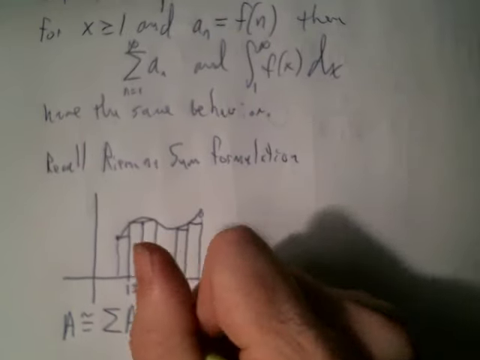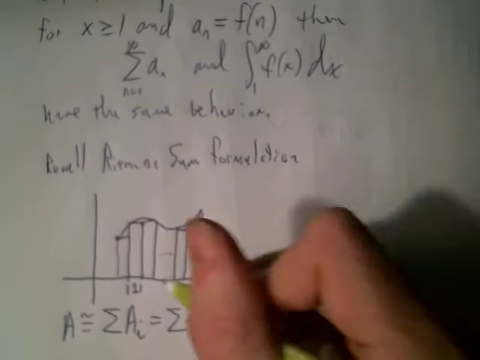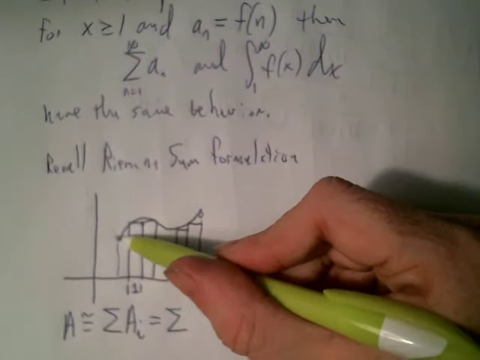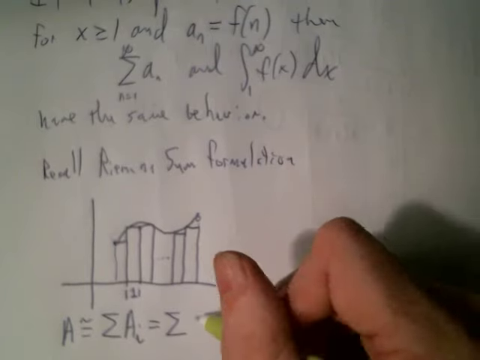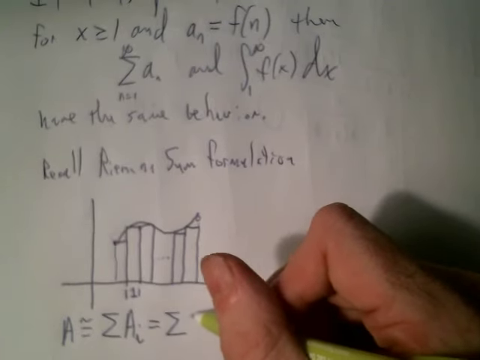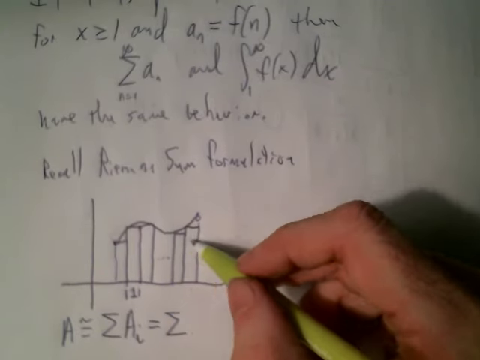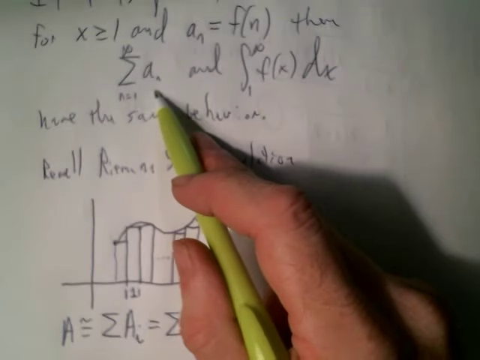Okay. So the area of those rectangles will just be the height of the rectangle times the base. And if the base is always 1, then basically what you have is just a sum of a bunch of numbers, which is basically just this thing here.